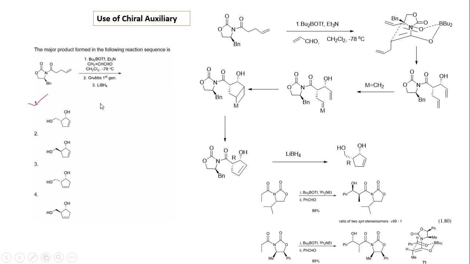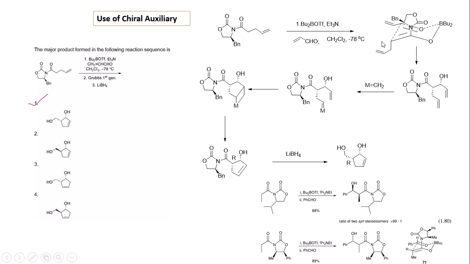This is an example of the use of a chiral auxiliary for the introduction of a chiral substituent in the cyclic moiety. Here this is the chiral auxiliary, where the butyl group is present in the above direction, and if we use the Zimmerman-Traxler type model, from that model we can see the cyclic six-membered chair-like transition state, where the OH group, after the addition, is coordinated with the boron triflate, and it produces an intermediate.